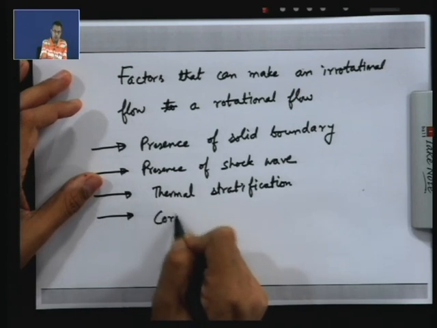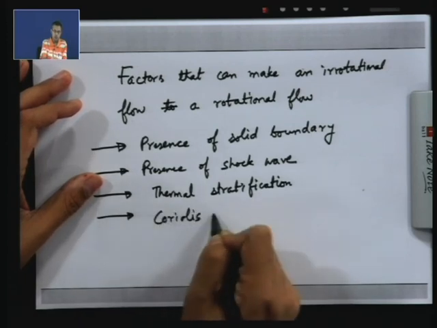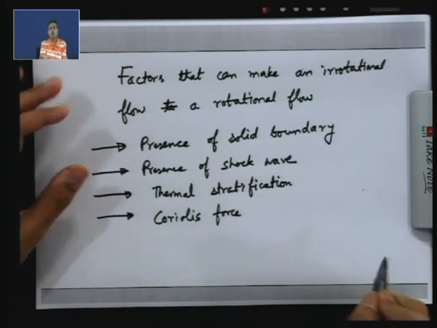Then Coriolis force. What is Coriolis force? If there is a platform that is rotating and if there is something which is translating with respect to that rotating platform, then it experiences a force, that is called Coriolis force. That force is experienced in that rotational reference frame.